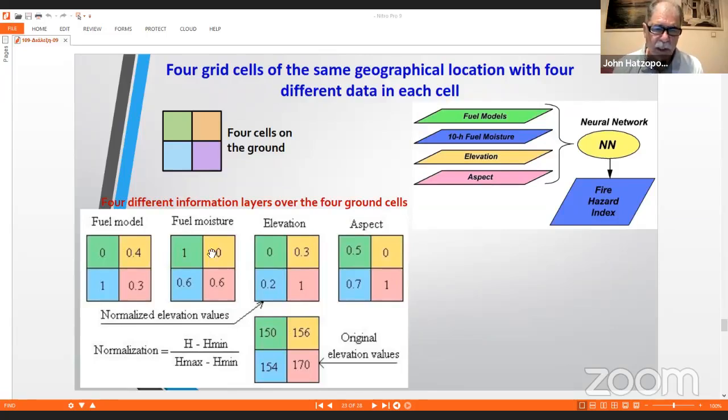Then we do the normalization process. While the elevations are in meters, if we normalize them, all these values are transformed between 1 and 0. Because the transformation has the same units in numerator and denominator, they are unitless and able to be added together. So that's how we feed the neural network.